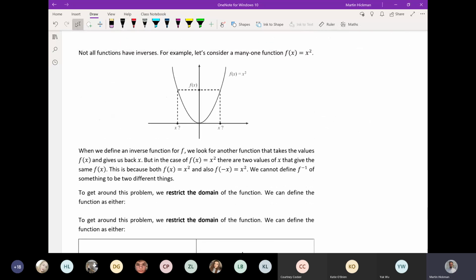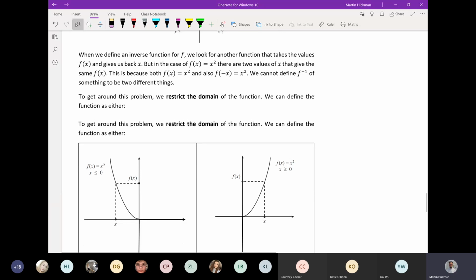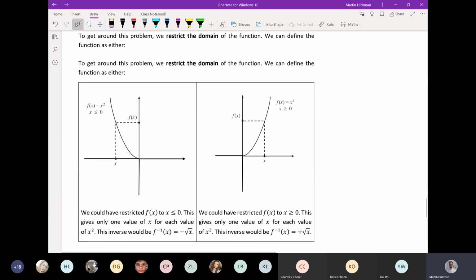If you wanted to have x squared have an inverse, what we would do is restrict the domain to make that problem easier. Either you could say that x is greater than or equal to 0, or x is less than or equal to 0.